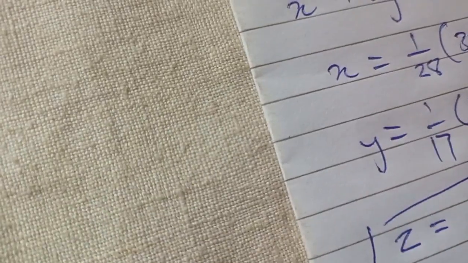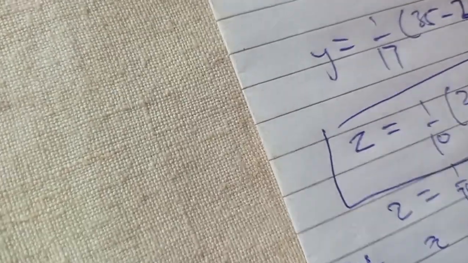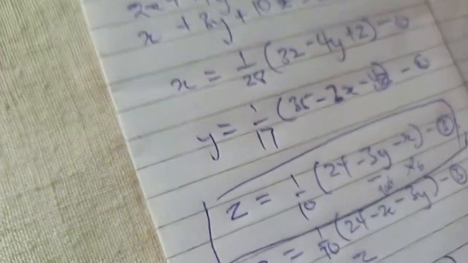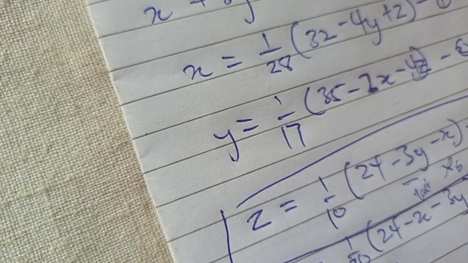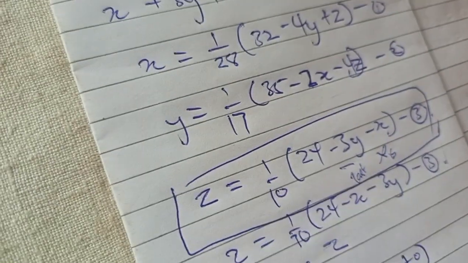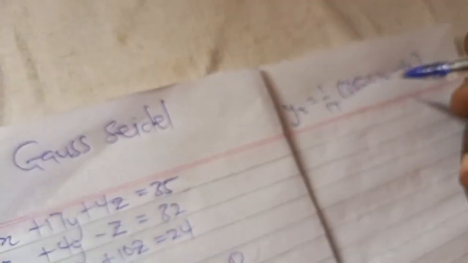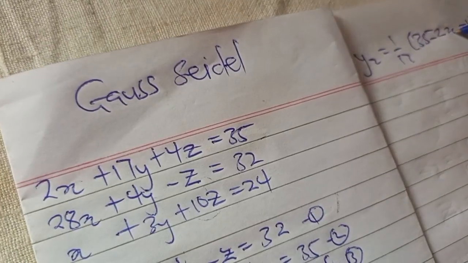And now we are still on it. Now we are finding y2. I'm still using the equation I have for y. So I'm writing y is equal to 1 out of 17 into bracket 35 minus 2x minus that.